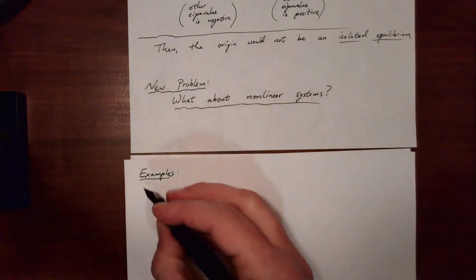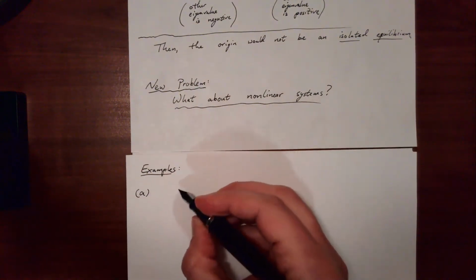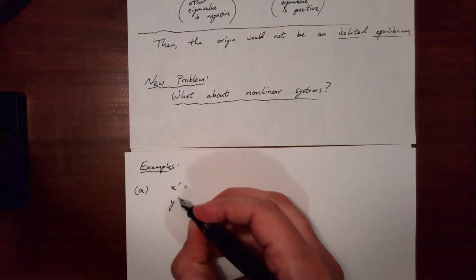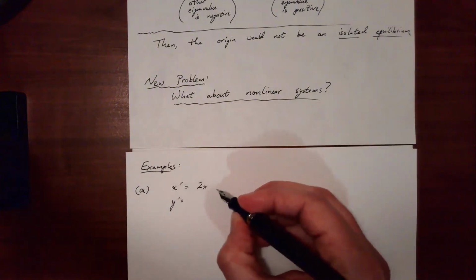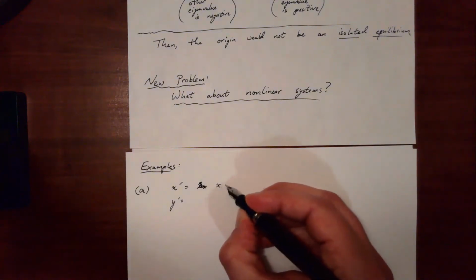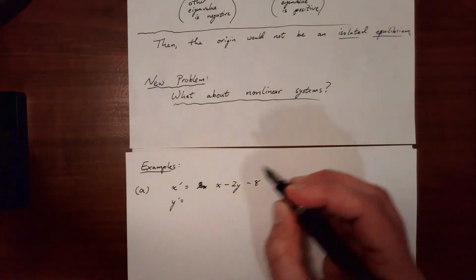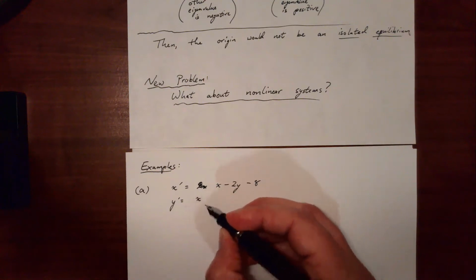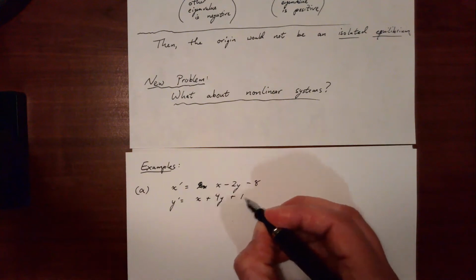Let's say we have a system like this: x prime, y prime is equal to x minus 2y minus 8, and then x plus 4y plus 10.